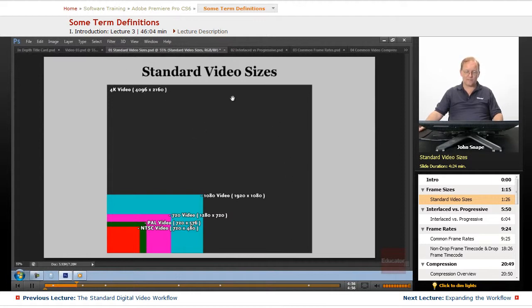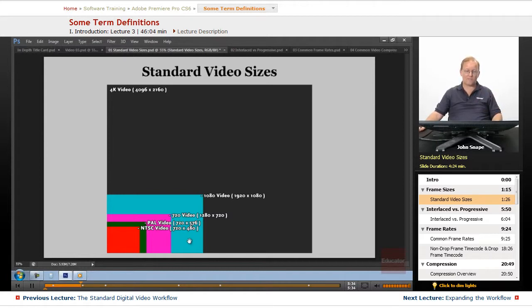So those are the standard video sizes and how they relate to how much information. You can notice that standard definition has almost no information compared to 4K video. But it's just one of those things that if you know the frame sizes and you know that you're going to broadcast at 1080p, you can get a feel for how much information is in that frame, and consequently how much storage space it takes inside of your computer for the same size video.